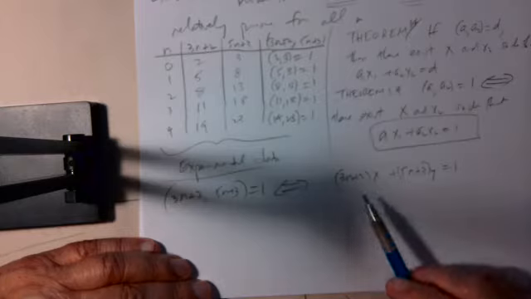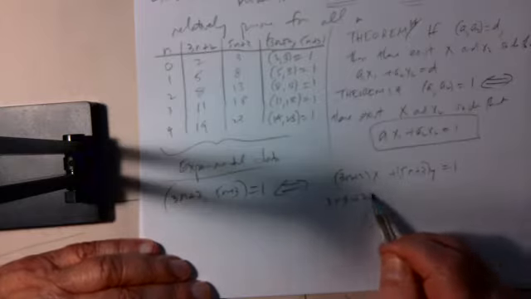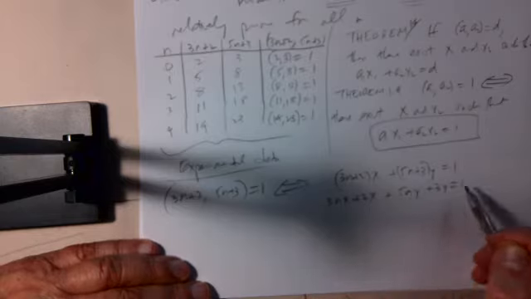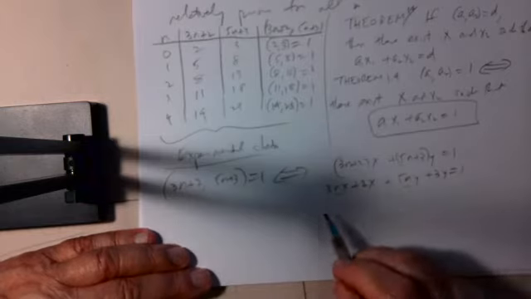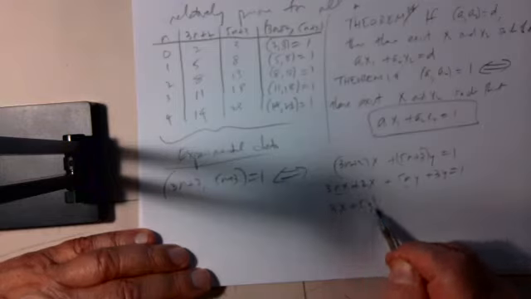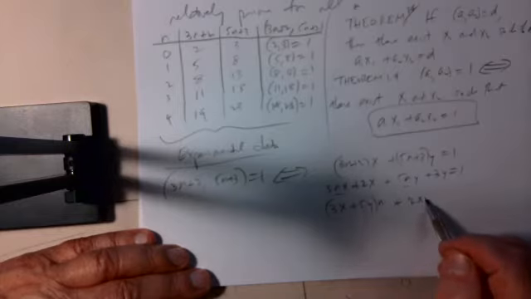Let's see. If we rewrite this, this is 3nx plus 2x plus 5ny plus 3y equals 1. I have two terms that involve n. I have (3x plus 5y) times n plus (2x plus 3y) equals 1.